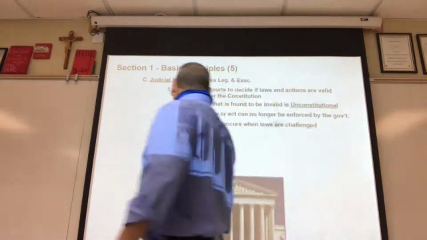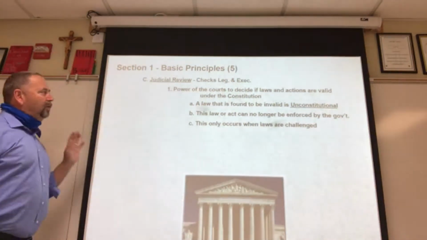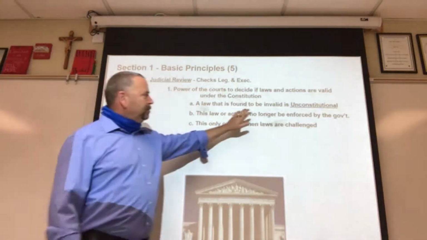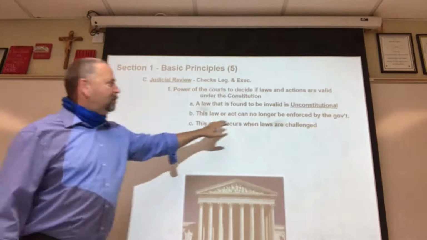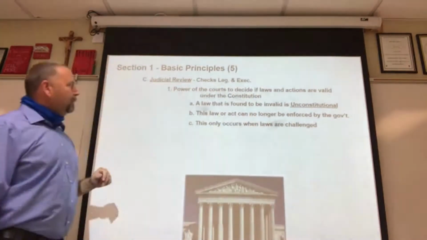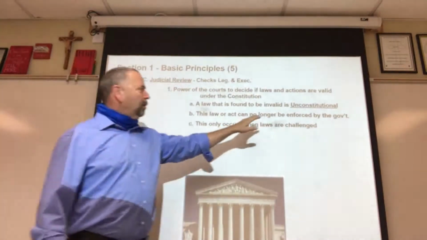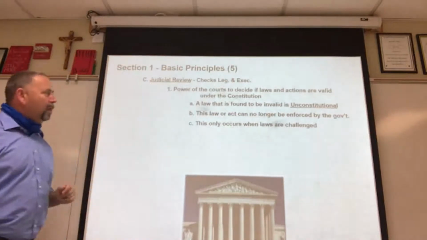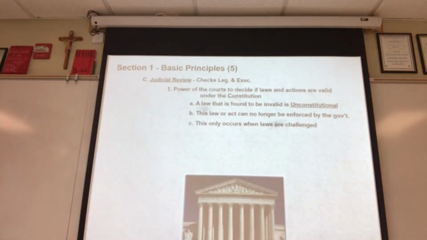All right. So a law that is found to be invalid, that goes against the Constitution, is deemed unconstitutional. This law or act can no longer be enforced by government. You guys have all heard things being called unconstitutional.